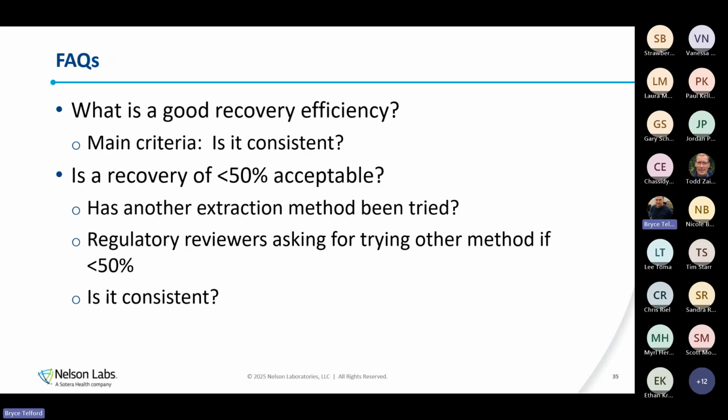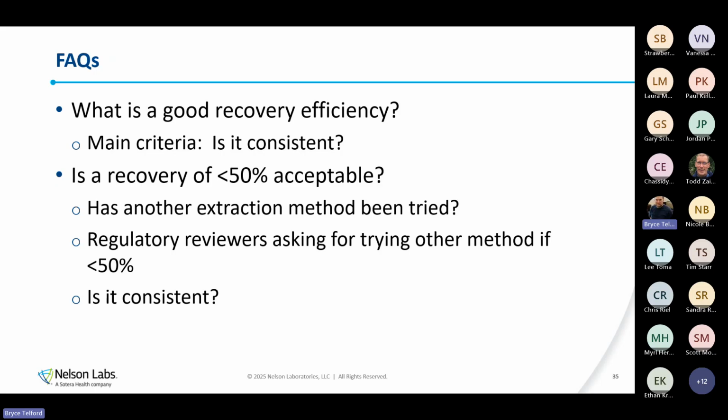If I average those together, I have a 50% recovery efficiency. And that might look good, but the thing is, a third of the time, I'm only getting 25% of my bioburden off, and a third of the time, I'm getting 75% off. My extraction is extremely inconsistent, and therefore, I'm not able to do good repetition. I'm not able to get consistent results with that test method.